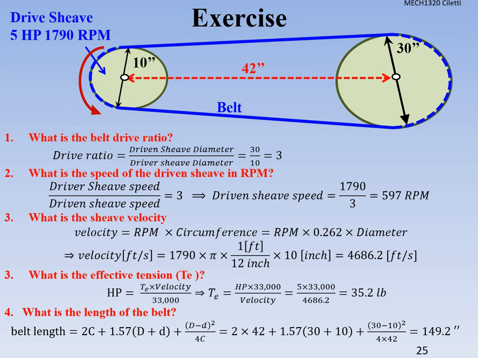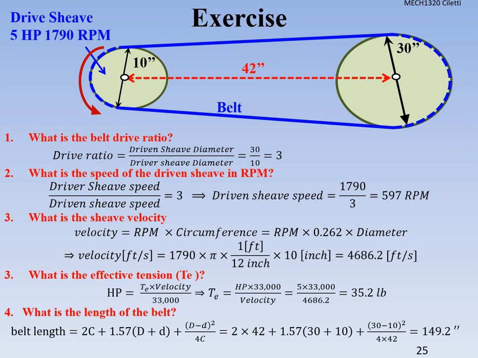We want to calculate the sheave velocity. The velocity is RPM times circumference. Remember, circumference is the distance around, and we did this in chapter 3 when we went through that entire problem as well. So RPM times 0.262 times diameter.